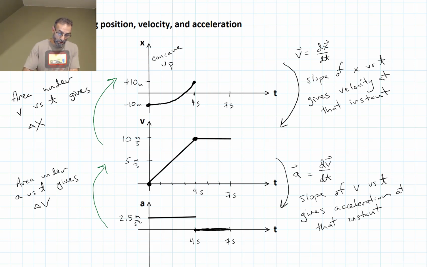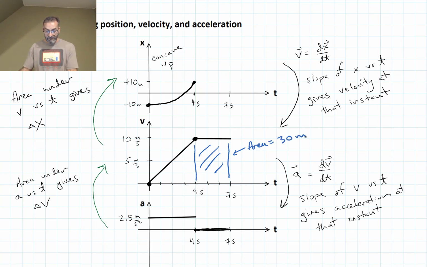Well, we take the area under this segment and we get 10 times 3, or 30 meters. So we're positive 30 meters from where we were at t equals 4 seconds. And we were at 10. So we have to be at 40 meters.